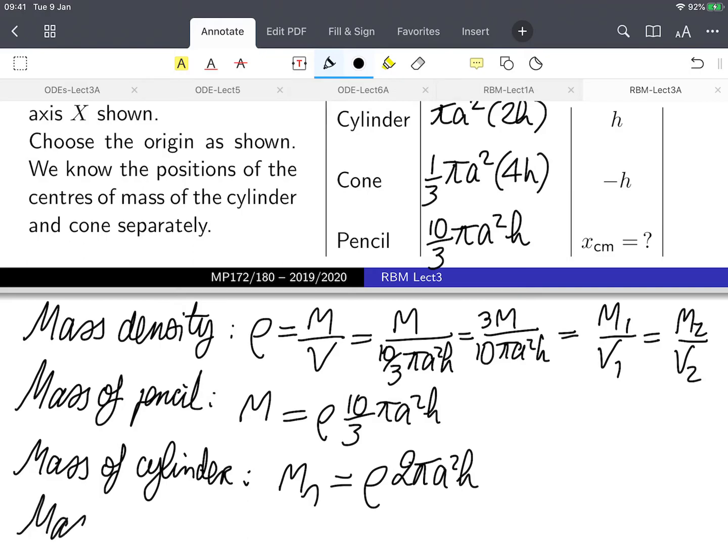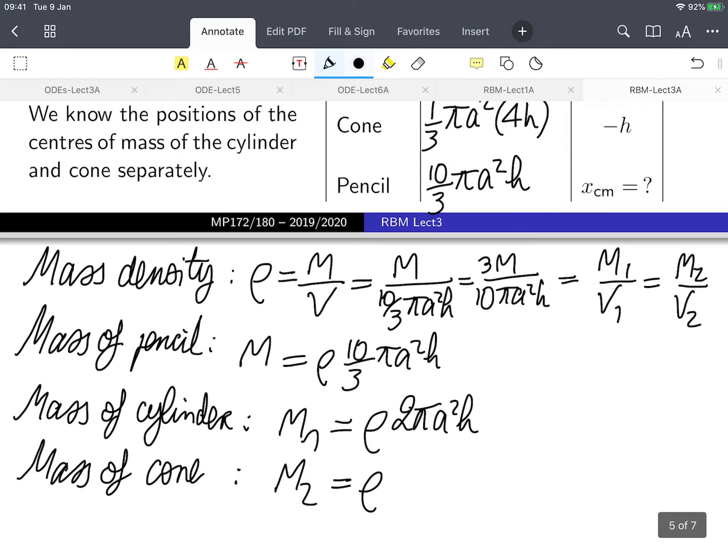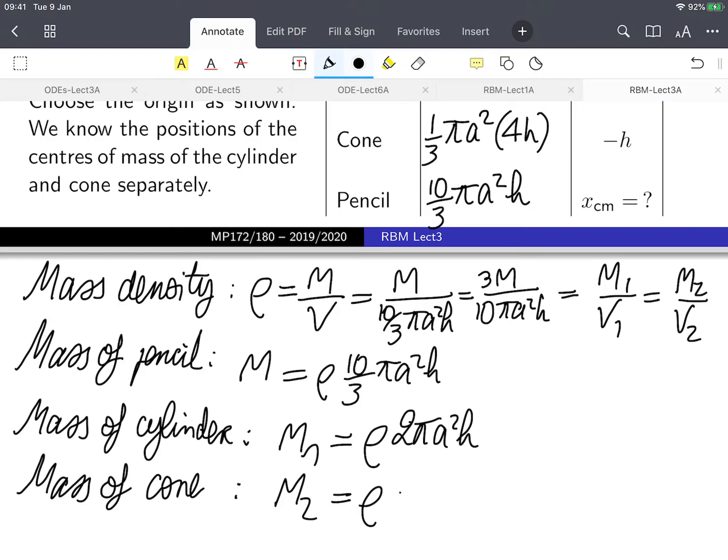Mass of the cone: from here, M2 is rho V2. And V2 is 1/3 pi a squared times 4h, so 4/3 pi a squared h.